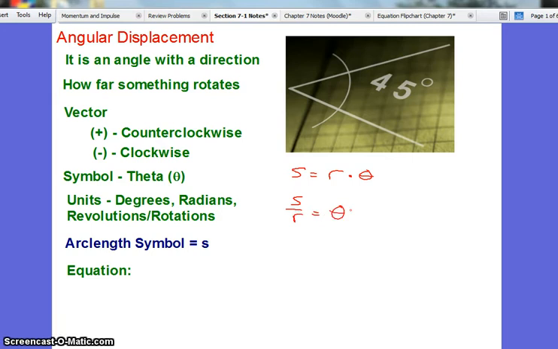We see that units of arc length is a meter. It's a length. Units of radius is also length. That's also a meter. And so, how does that equal a radian? Because it looks like on the left-hand side they cancel out. It turns out that a radian is actually a unitless value. There is no unit itself.